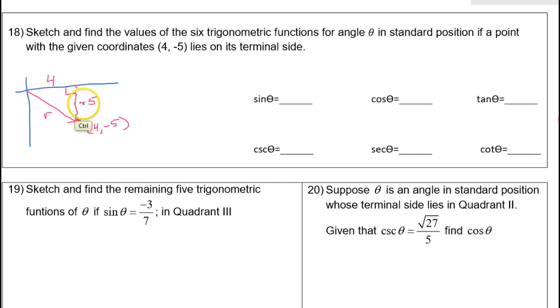I'm going to ignore the negative sign because the radius has to be positive anyway. So you should be thinking 4 squared plus 5 squared is equal to the radius squared. That's going to be 16 plus 25, so that's going to be 41. So r is going to be the square root of 41.